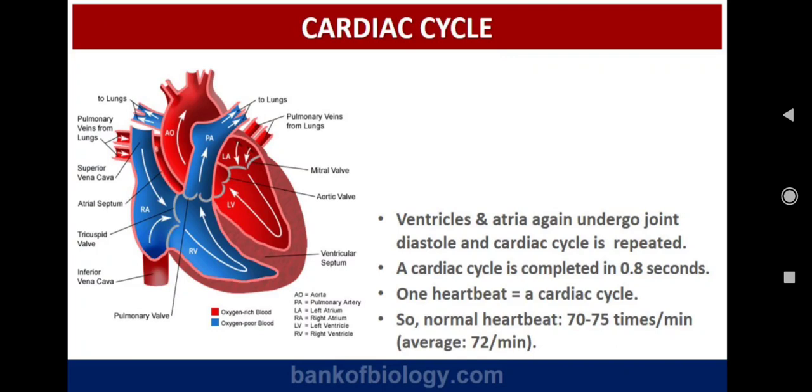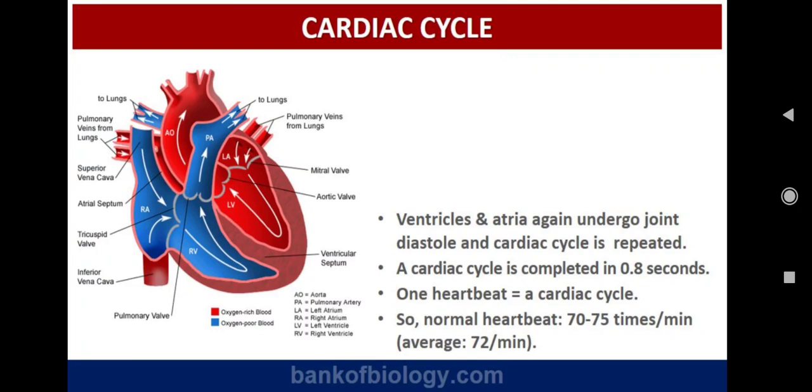So in one cardiac cycle, first almost all the chambers are in joint diastole, and then after receiving the blood, both the atria contract, that is systole. Gradually the blood moves, 30% of the blood moves towards the ventricle, and ventricular diastole takes place. Again the systole occurs. Due to this pressure, the blood flows out of the heart.